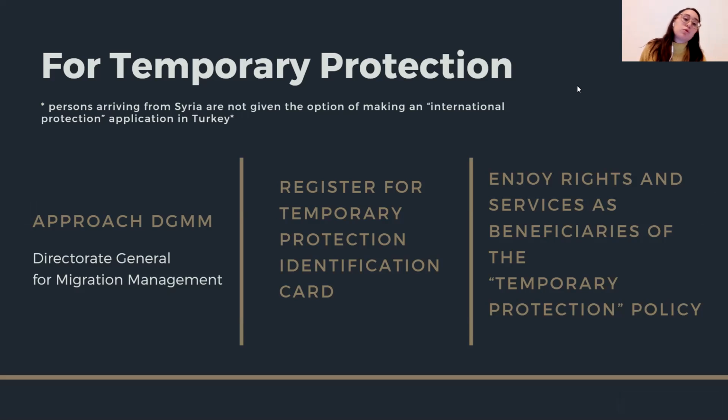They approach the DGMM, the Directorate General for Migration Management, and register for a temporary protection identification card, and they enjoy the rights. I say enjoy a little sarcastically, because this is the way they write it on the procedure website: enjoy the rights and services as beneficiaries of the temporary protection policies.